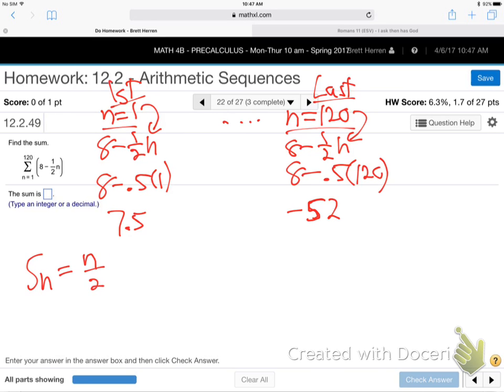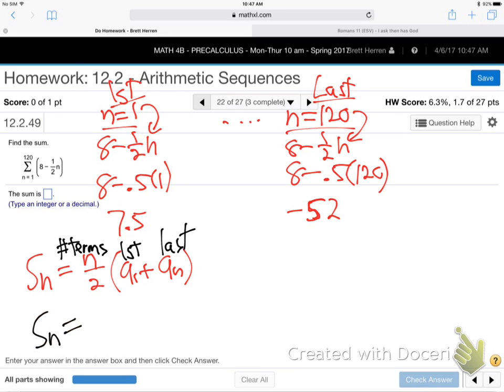And then the S sub n formula is n over 2, A1 plus An. So the number of terms is 120.